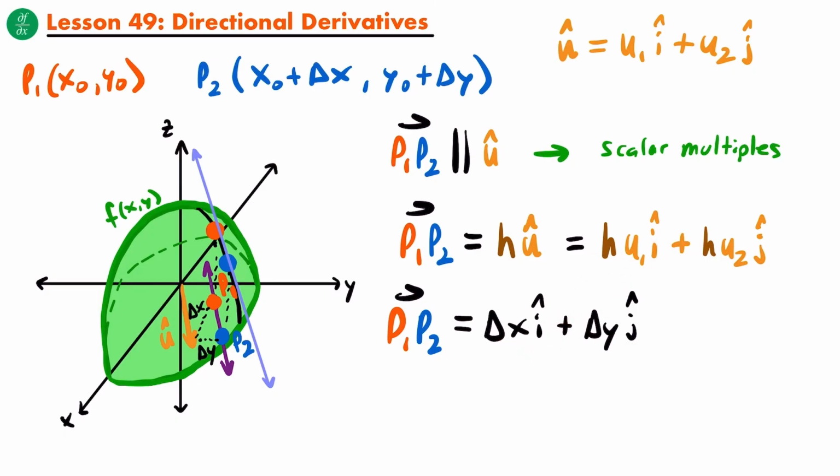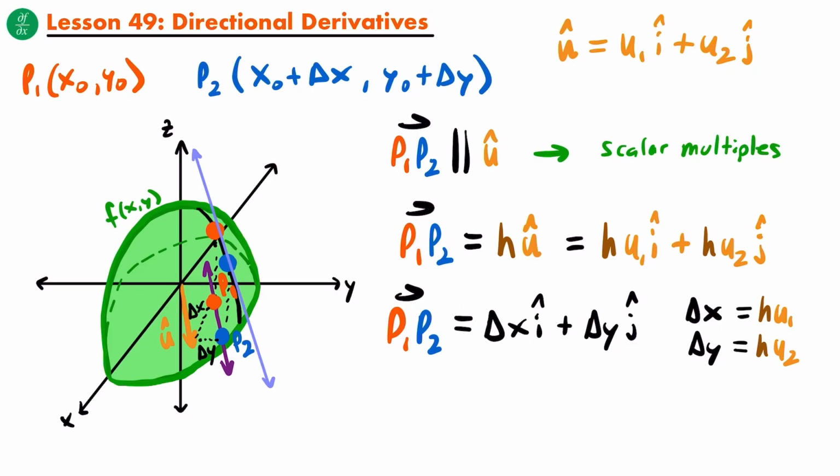If both of these two vectors represent vector P1P2, then their x components and their y components should be exactly the same, meaning that delta x would be equal to h times u1, and delta y would be equal to h times u2. Again, all I'm doing here is setting these x components equal to each other and these y components equal to each other because they must be equal if both of these vectors represent vector P1P2.